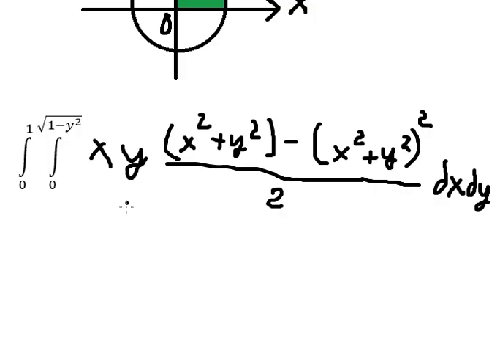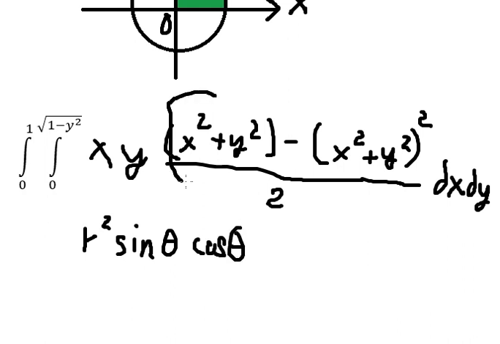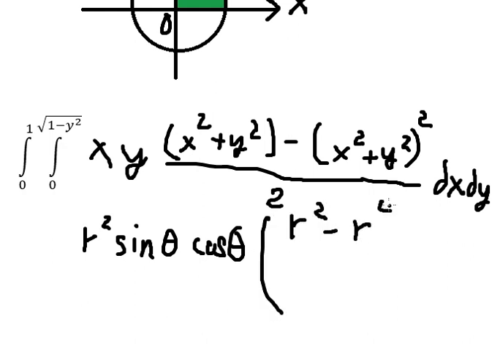So we have r squared sine theta cosine theta. This one and this one, that is r squared minus r to the power of 4, because we have 2 with 2, we have 4.